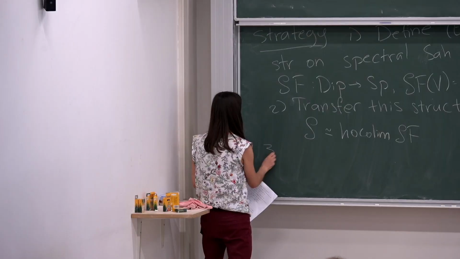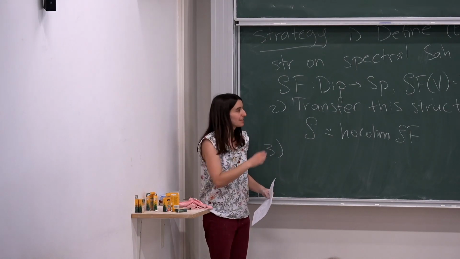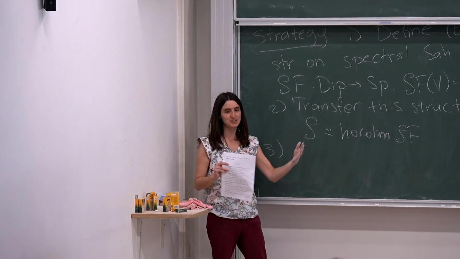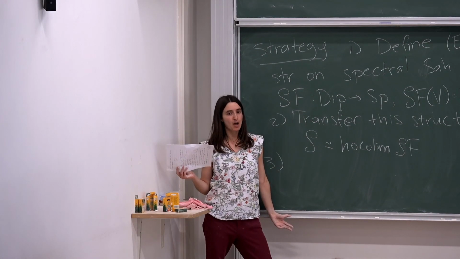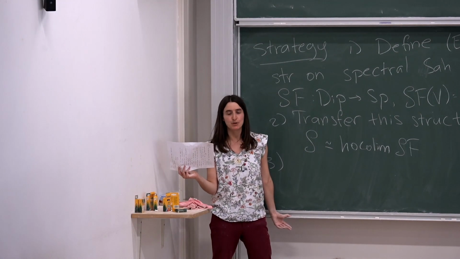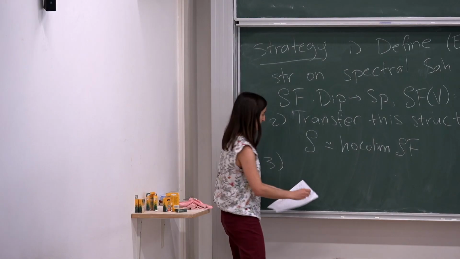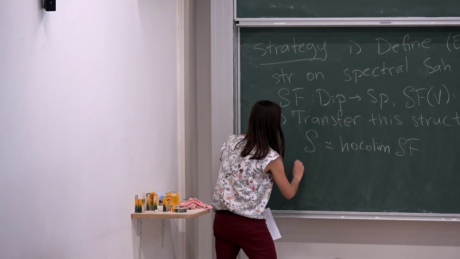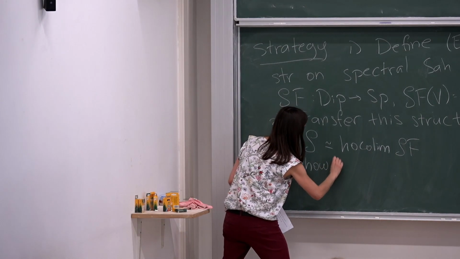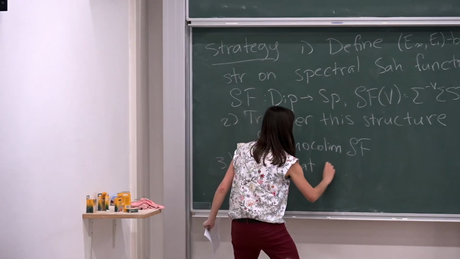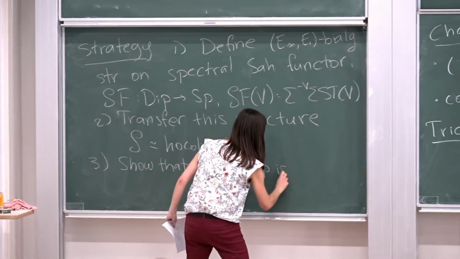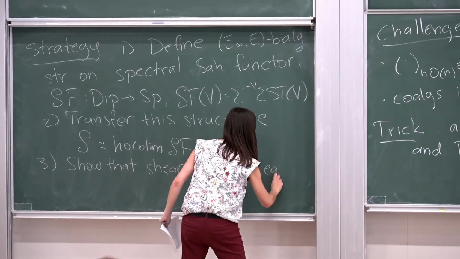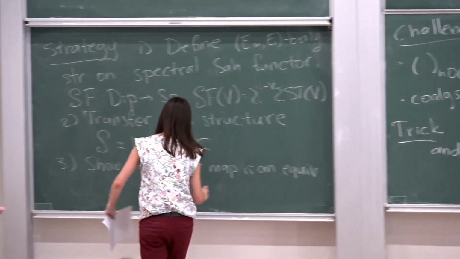And just as an addendum, bialgebra, not necessarily Hopf algebra, you still want an antipode, and so we also show that the shear map is an equivalence, which gives an antipode.